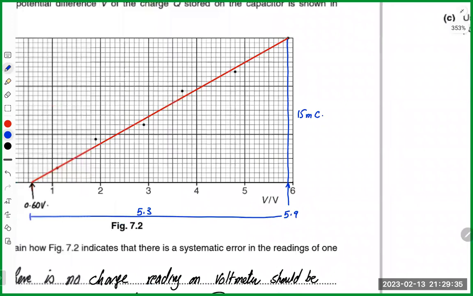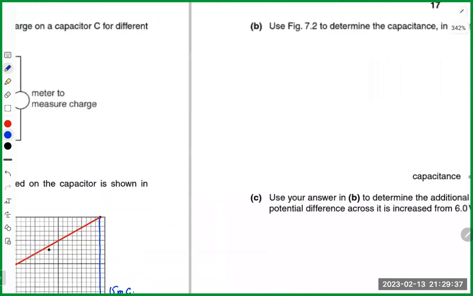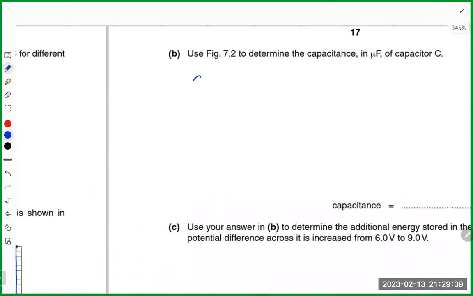The gradient will be capacitance equals 15 into 10 to the power minus 3 divided by 5.3. Actually, it is 5.9 minus 0.6.